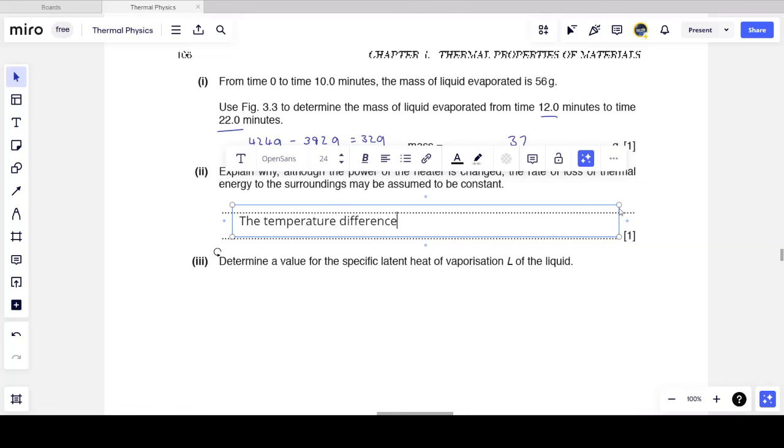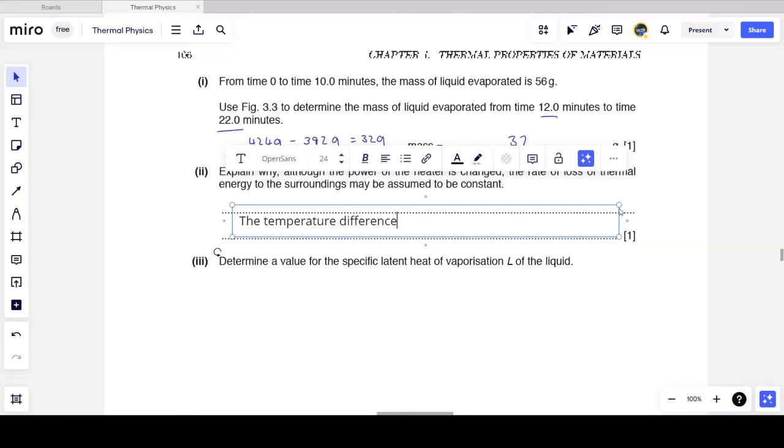So that piece of information also seems like I might need it again. It turns out that I do. These first two pieces of information are important for the third part of the question, which is a tricky question. Determine a value for the specific latent heat of vaporization of the liquid. This kind of question could stump you, and in all fairness, it's not an easy question.